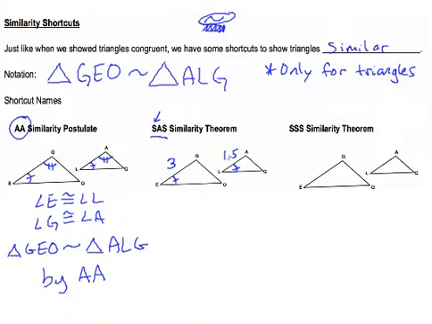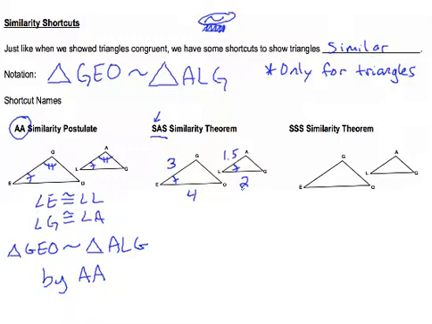The scale factor here, from the big shape to the small shape, is 1/2, or multiplying 3 by 1/2 to get 1.5. If I knew another side that was, let's say, 4, and this side was 2, I have another pair of sides that are also in that same proportion. 3 times 1/2 is 1.5, 4 times 1/2 is 2. I would say both pairs of these sides are proportional.